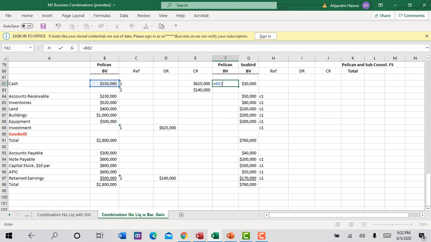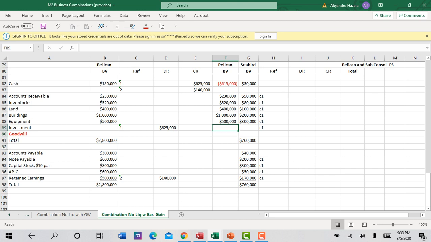So this cash is equal to 150 minus 625 minus 140. This number is equal, that number is equal, buildings are equal, no adjustments to those. Equipment is equal.